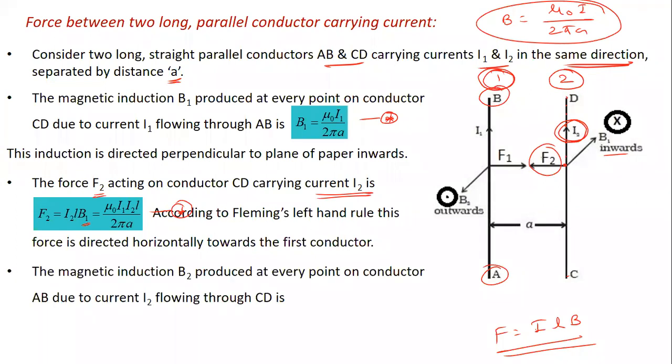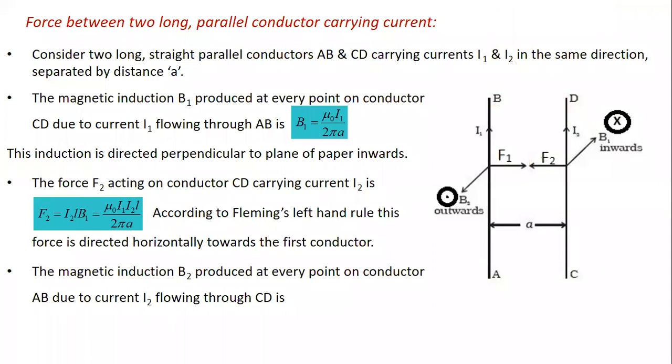Similarly, we can write B2. Here we have written B1, the magnetic field produced by conductor 1. In a similar manner, we can write the magnetic field produced by conductor 2. So B2 is equal to mu 0 I2 divided by 2 pi A. It is the same formula, only here instead of I1 it is I2, because the current is I2 in the second conductor.